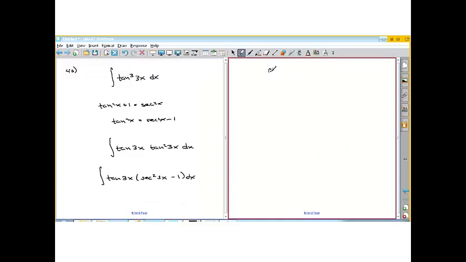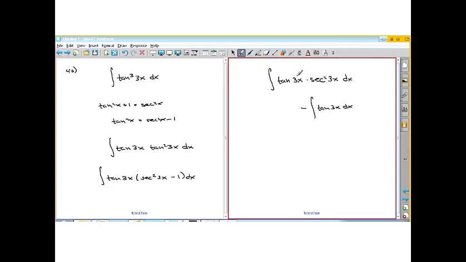So now we have two integrals. We have tangent of 3x secant squared of 3x dx, minus the second one, negative tangent 3x dx.